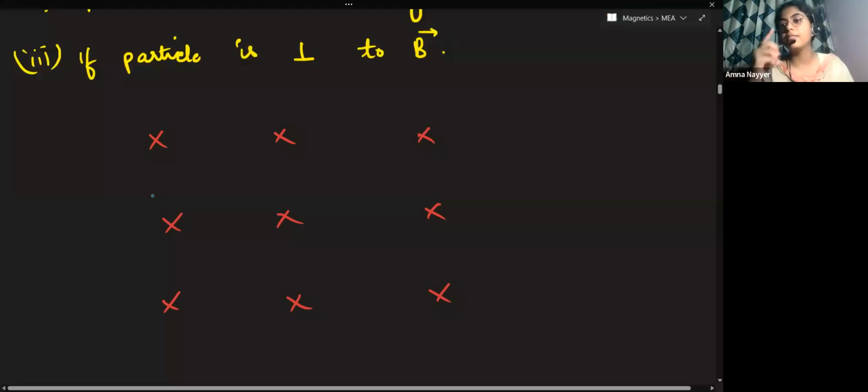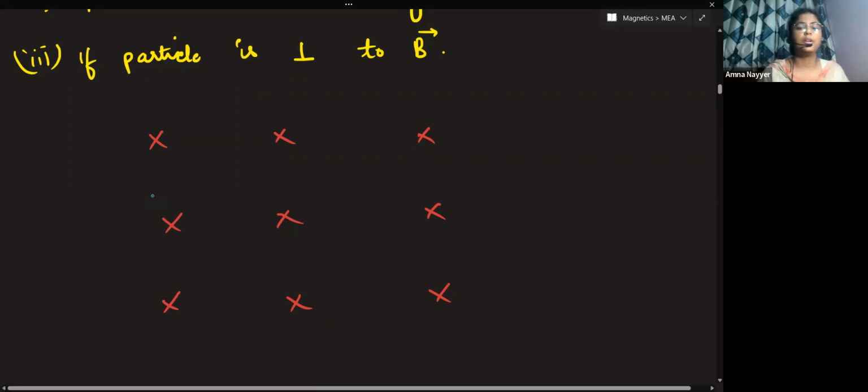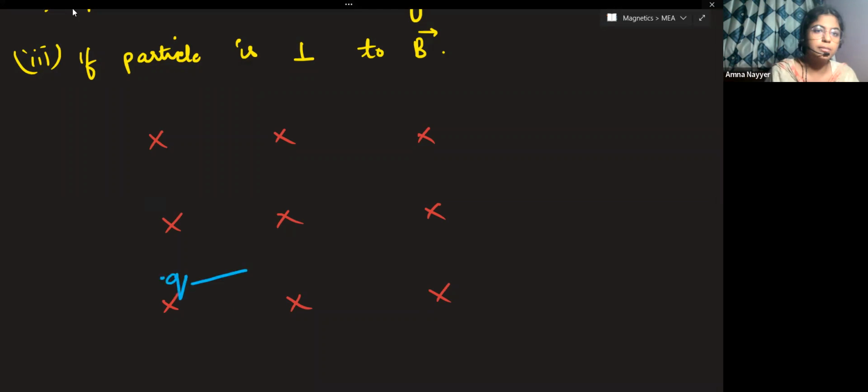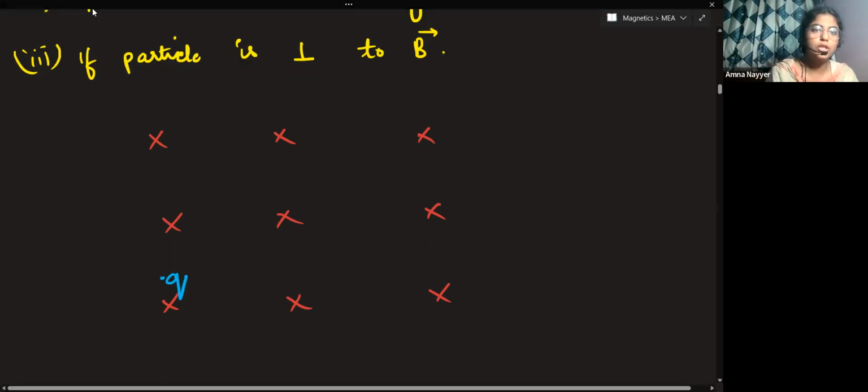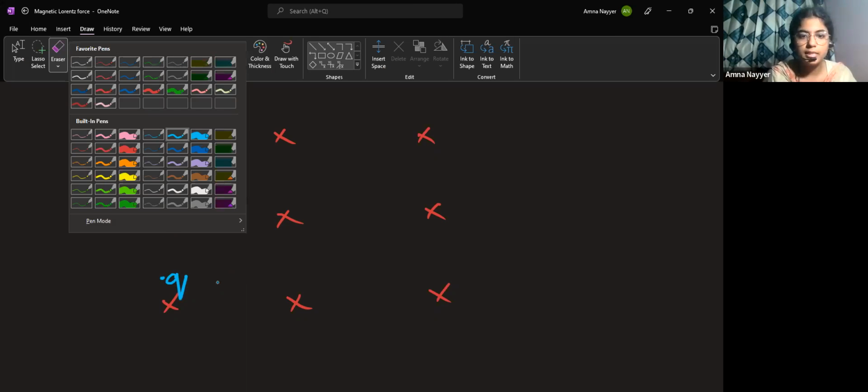Both are perpendicular: the magnetic field is inside, and your charge is here, and this is the velocity.